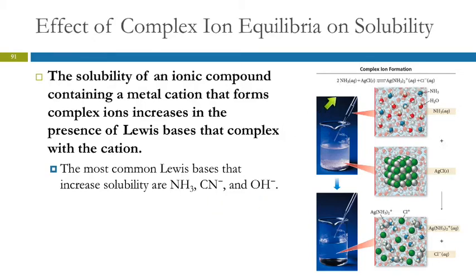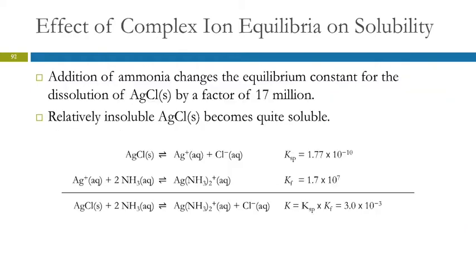If we look at this complex ion formation between the silver and the ammonia, ammonia complexes the silver ion, and so it increases the solubility of the silver chloride. Adding ammonia changes the equilibrium constant for the dissolution of silver chloride by a factor of 17 million. It's a little bit of an increase.